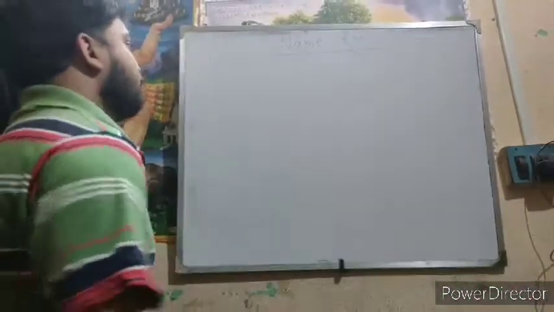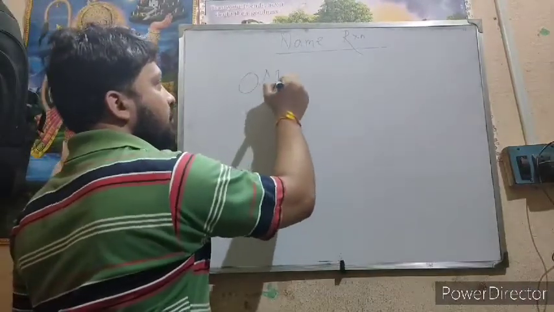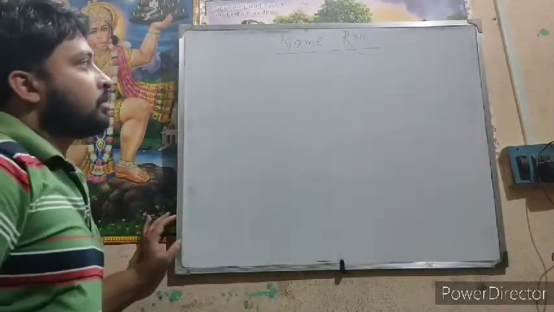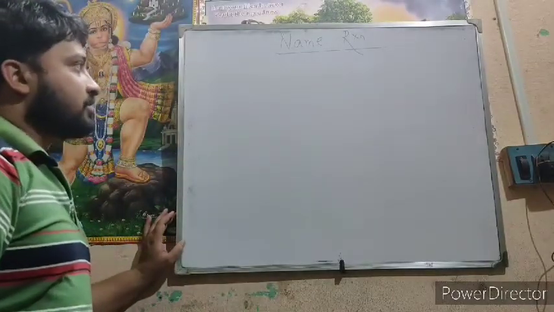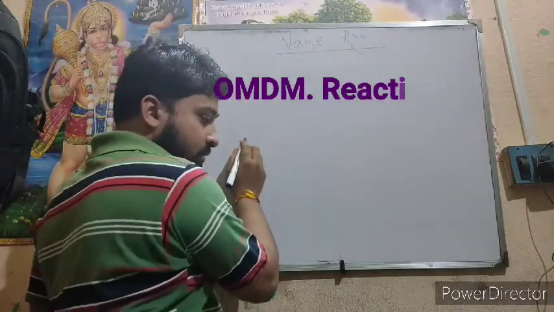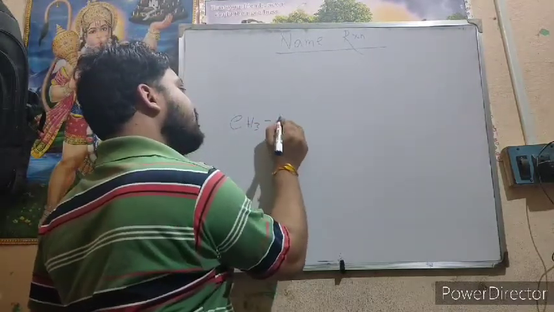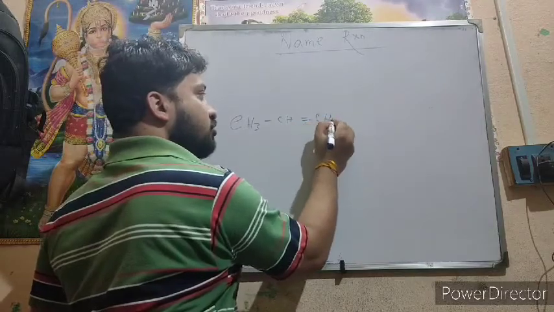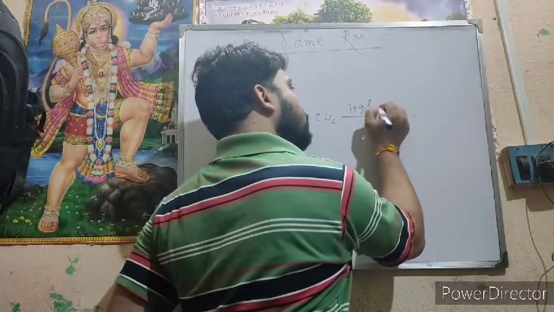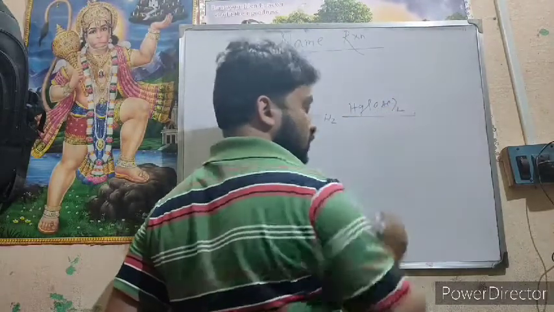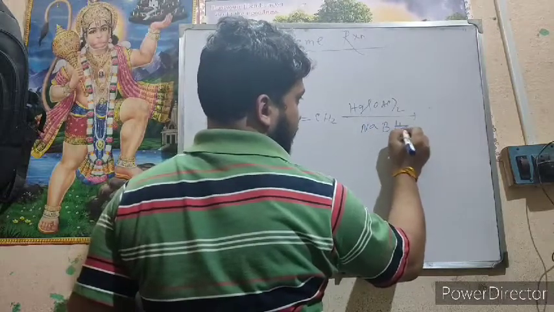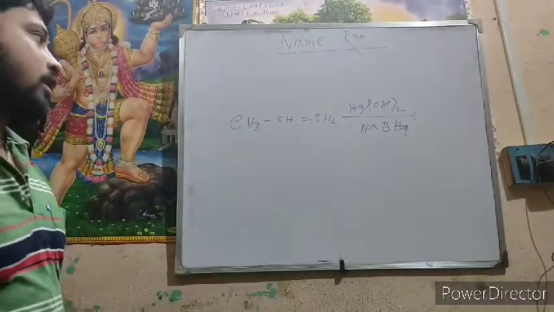Now the next one, oxymercuration demercuration reaction. For this you can take CH3 CH double bond CH2. You can use mercuric acetate Hg(OAc)2, then sodium borohydride NaBH4 and water also.